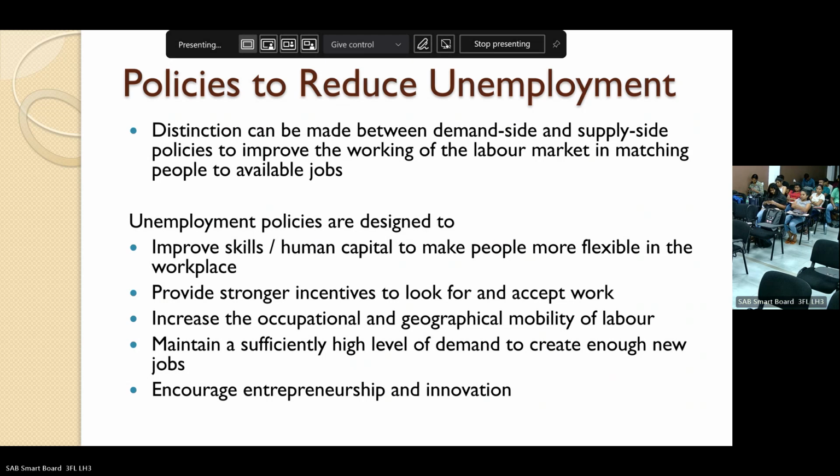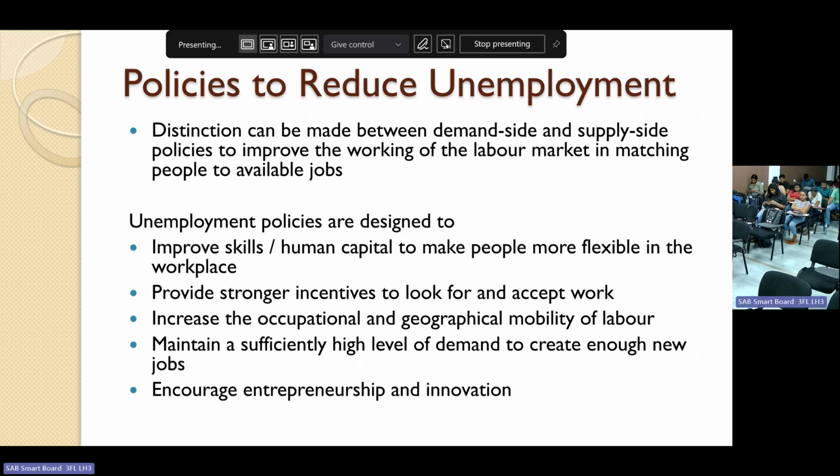Provide incentives to seek and accept work, some kind of incentive arrangements. Sometimes that may create a problem due to the immobility of labor, so if we can increase the mobility of labor, that is also possible.